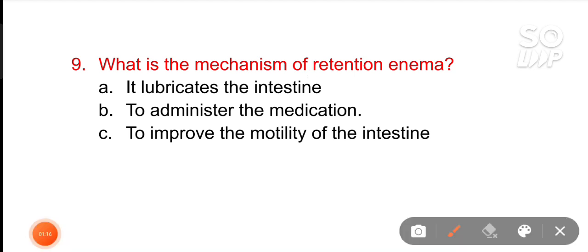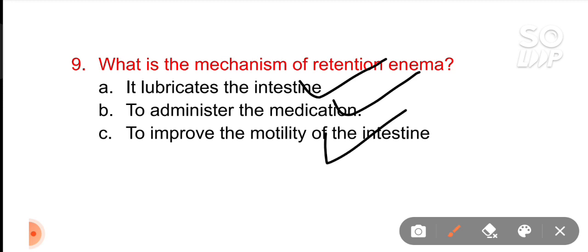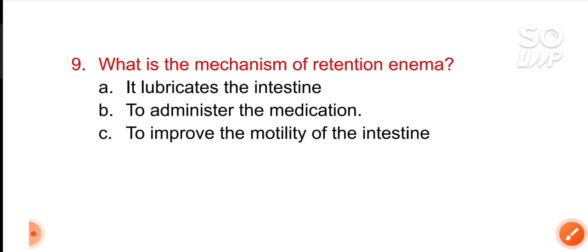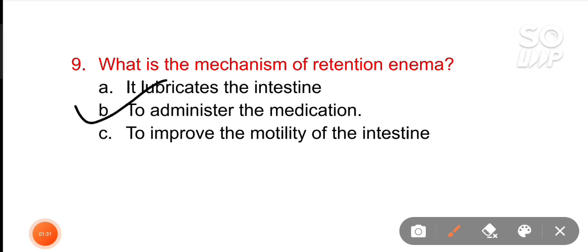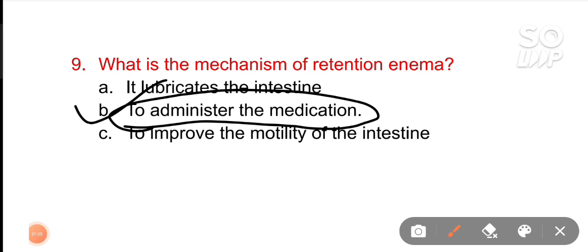The options are option A, it lubricates the intestine, option B, to administer the medication, option C, to improve the motility of the intestine. The right answer is option B, to administer the medication into the intestine. We call it a retention enema.